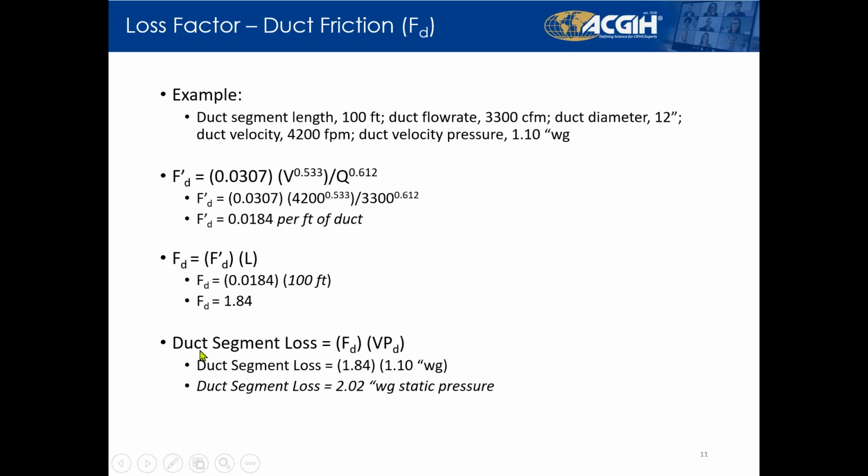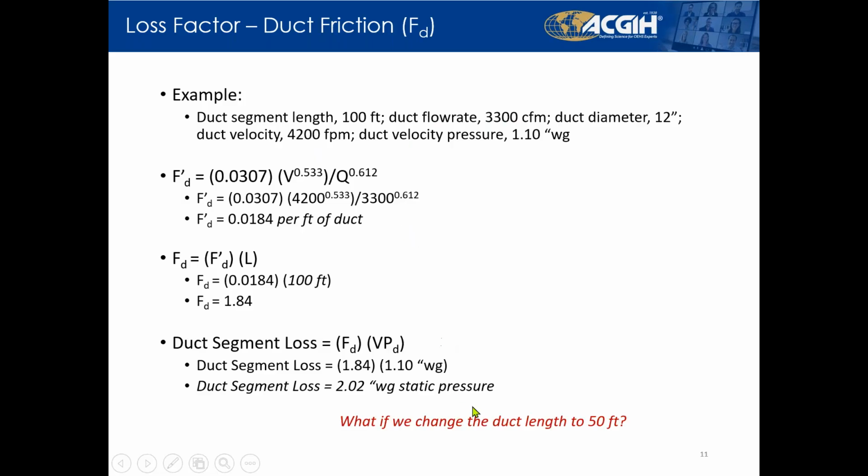Our duct segment loss then is our F sub D times our duct velocity pressure, which is 1.84. And we said our duct velocity pressure is 1.1 inches of water gauge. So our duct segment loss is 2.02 inches of water gauge for 100 feet of duct at 3,300 CFM at 4,200 feet per minute.